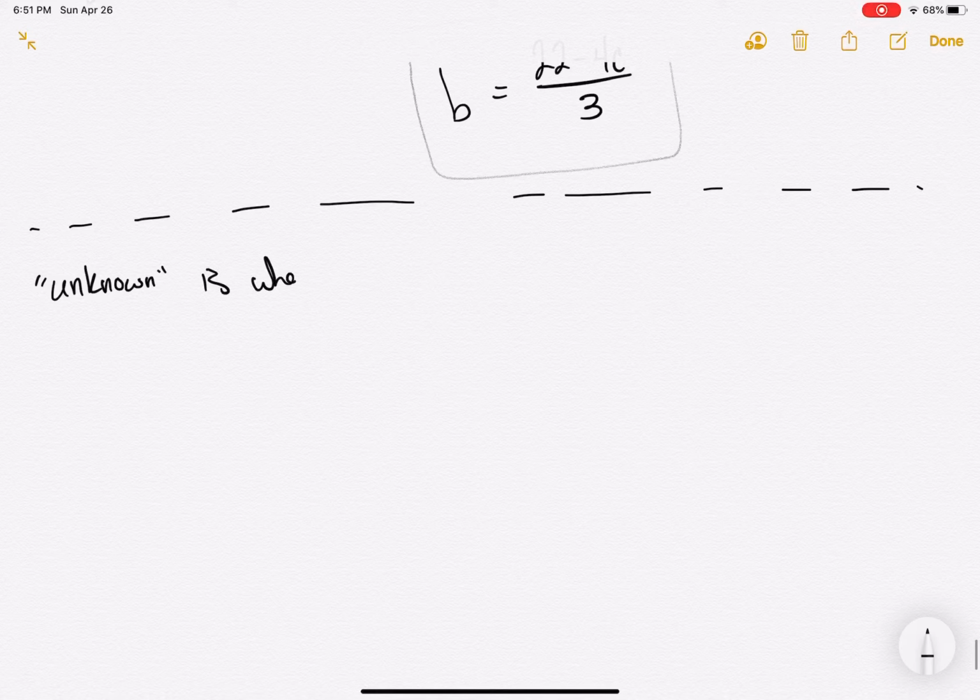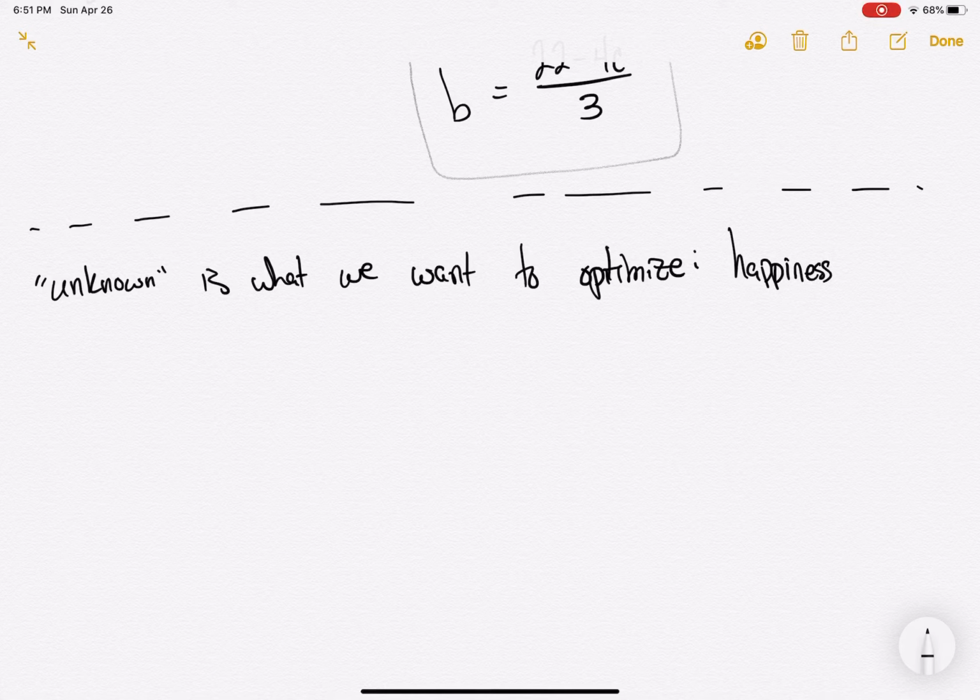It is what we want to optimize. In this case, happiness of our dogs.